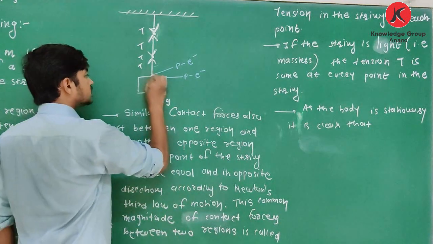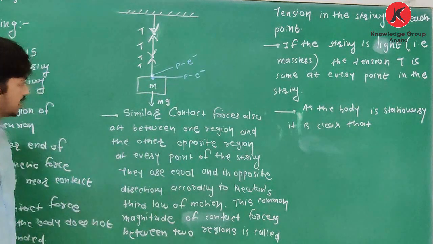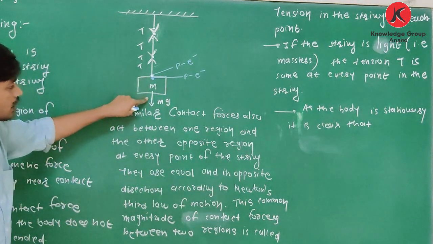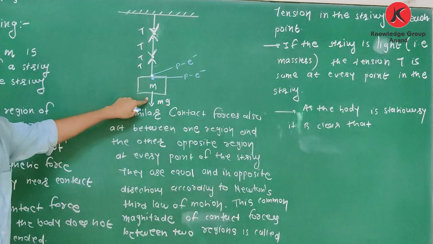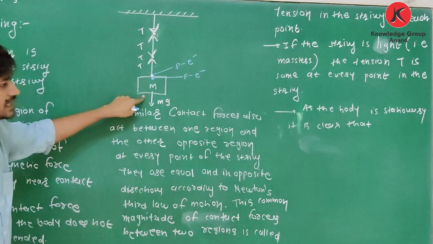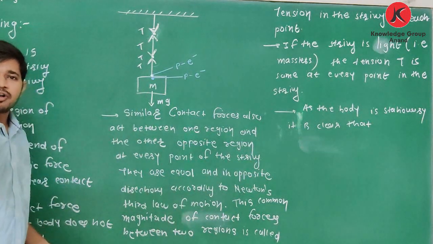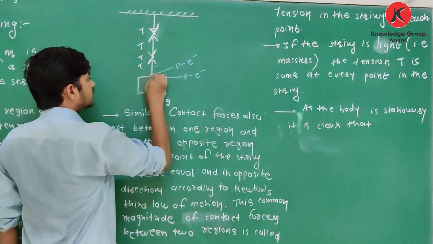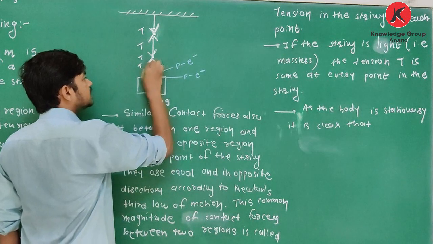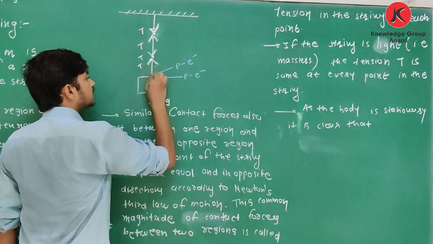See, if you consider this point, on the block, mg is acting in the vertically downward direction. The block remains stationary, as the body is stationary. Yes, at this point tension is acting in the upward direction.